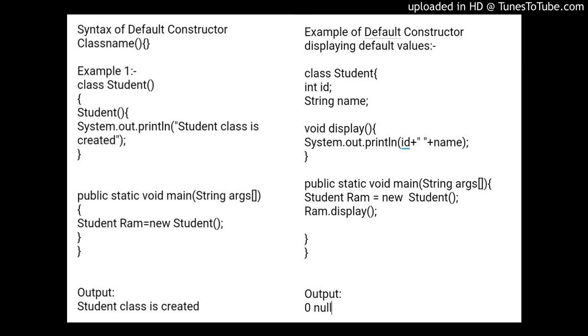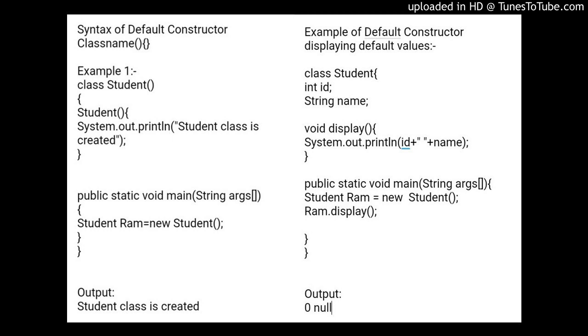What will happen when we try to invoke this display function by creating an object of the student class, say ram? Within void main, Student ram equals new Student(); and we invoke the function display, ram.display(); So what will be the output?